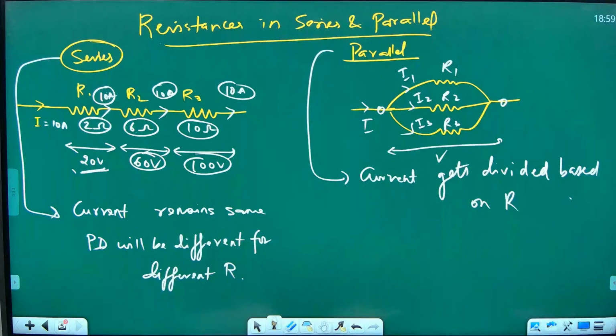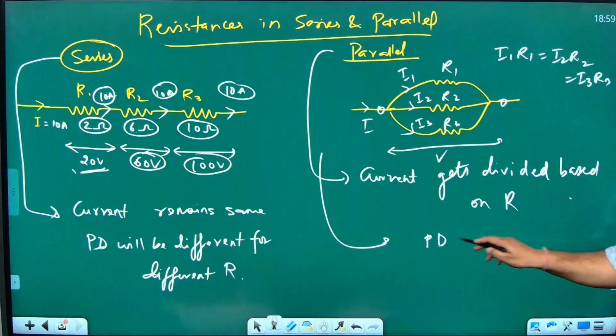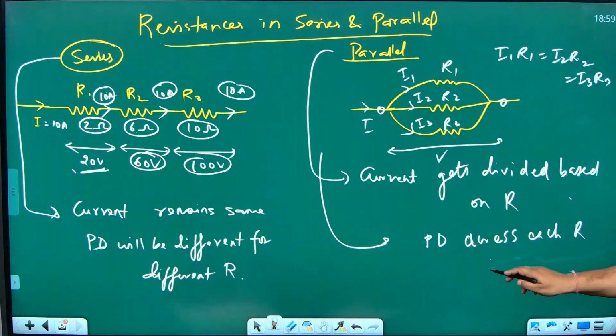So they will divide in such a way that I1 into R1, I2 into R2 and I3 into R3 are always equal. It means what is same? The second point is, the potential difference across each resistor will be same.